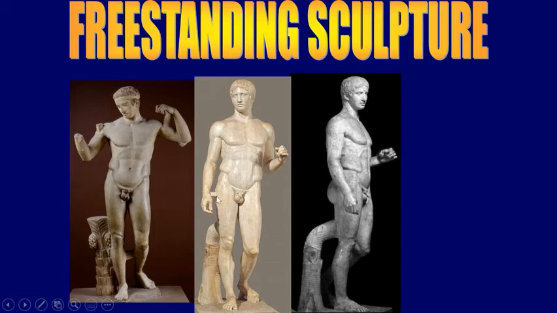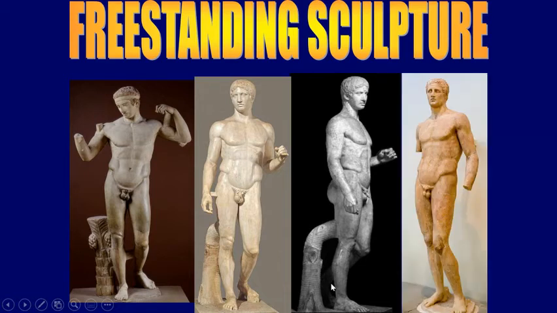So the sculptors would attach the wrist to the hip so that there's less chance of the hand breaking off, and they attach these tree trunks to the legs so there's less chance of it breaking apart.